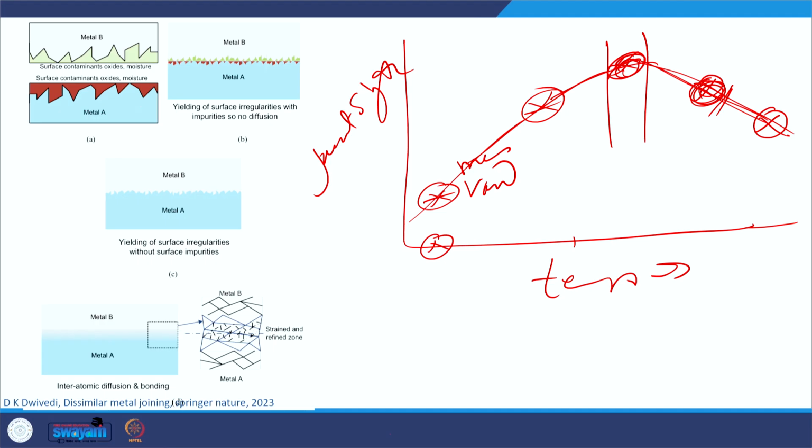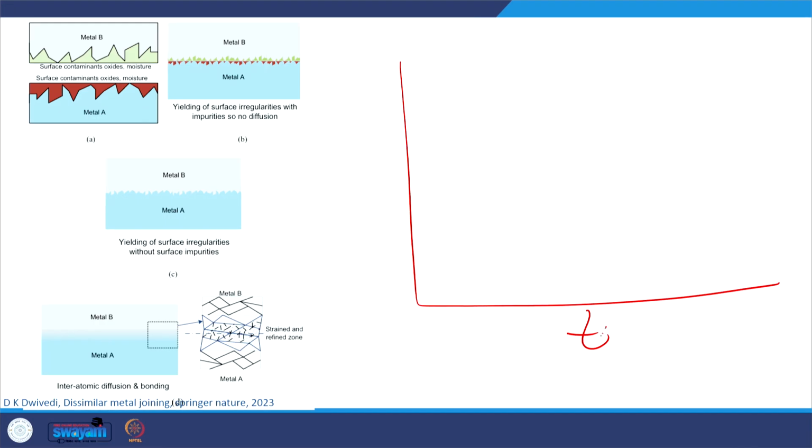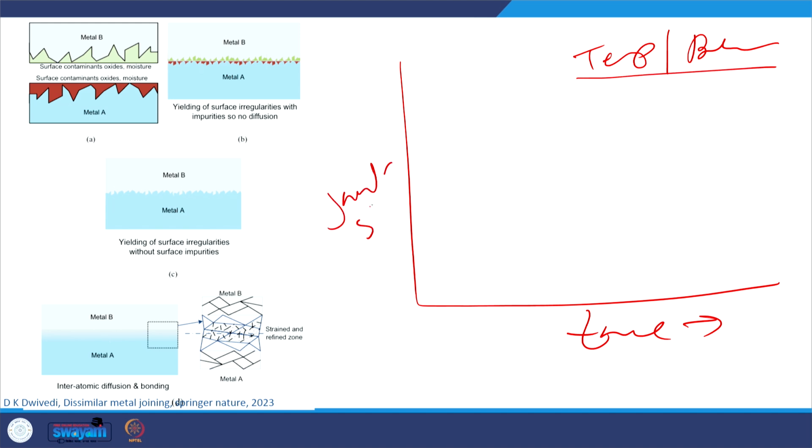If we talk of time also, here on the x axis, for a given diffusion bonding temperature and diffusion bonding pressure, we have the joint strength. For a short time, certainly there will be more voids, so lesser strength. Increasing the time will reduce the interfacial voids, increasing the joint strength.